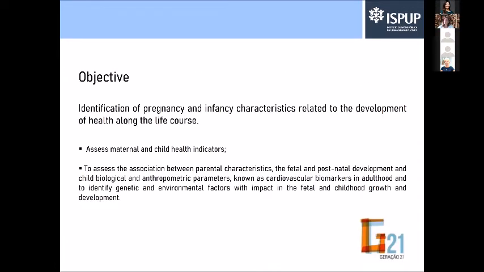So I will focus on the activities that we have been developing in our birth cohort, Generation 21, which is a population-based birth cohort located in Portugal. As with most birth cohorts, Generation 21 was developed with the objective to identify pregnancy and infancy characteristics that might relate to the development of health outcomes along the life course.